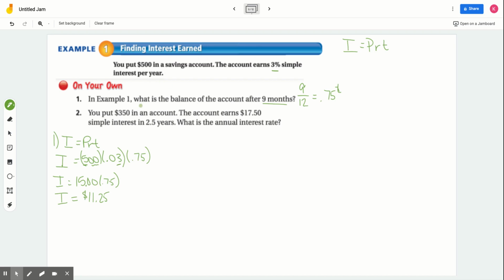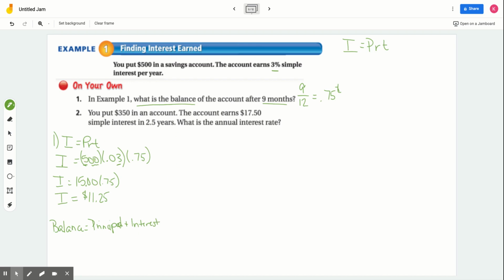Now, if we look back to our question though, it says, what is the balance? So what's the total in that account after the 9 months? Well, we can find the balance by adding the principal plus the interest to get the balance.